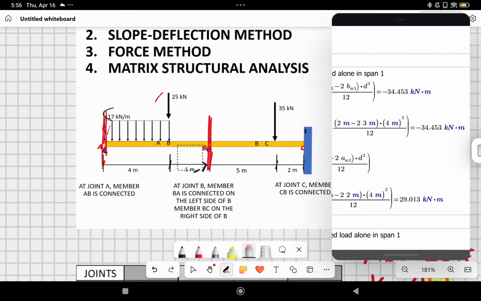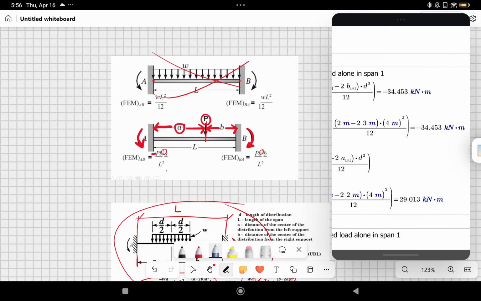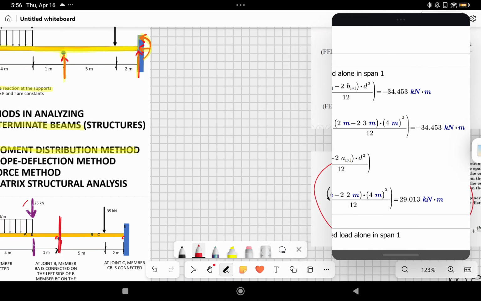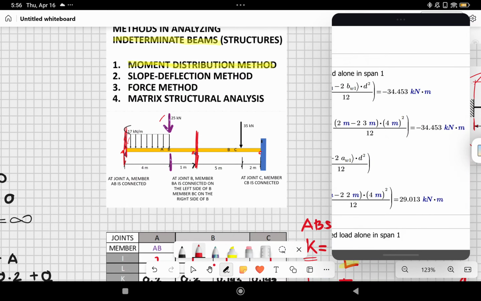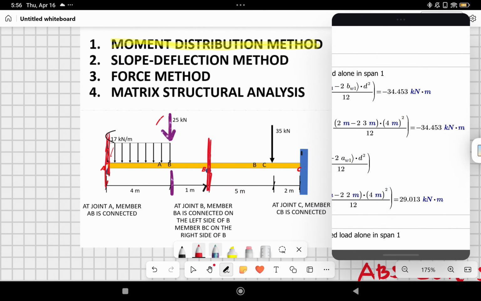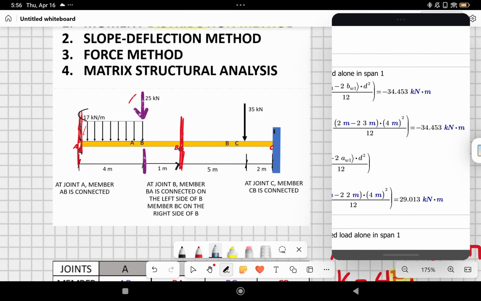So, tingnan lang natin si concentrated. So, based dun sa formula, that is PB squared A over L squared. Lagyan din natin yung negative sign since it is counterclockwise.